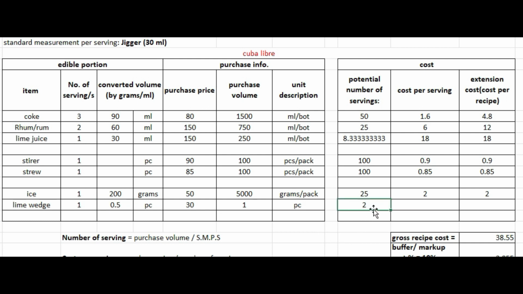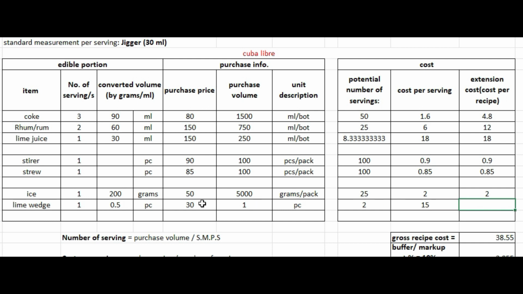So therefore, for our potential number of serving, we can make it with 2 servings of lime wedge, which is for garnishing purpose. So let's put an indication of 1 serving under our edible portion. And then for our cost per serving, out of 2 potential number of serving, we only need 1 serving, or equivalent to half of every 1 piece of the lime.